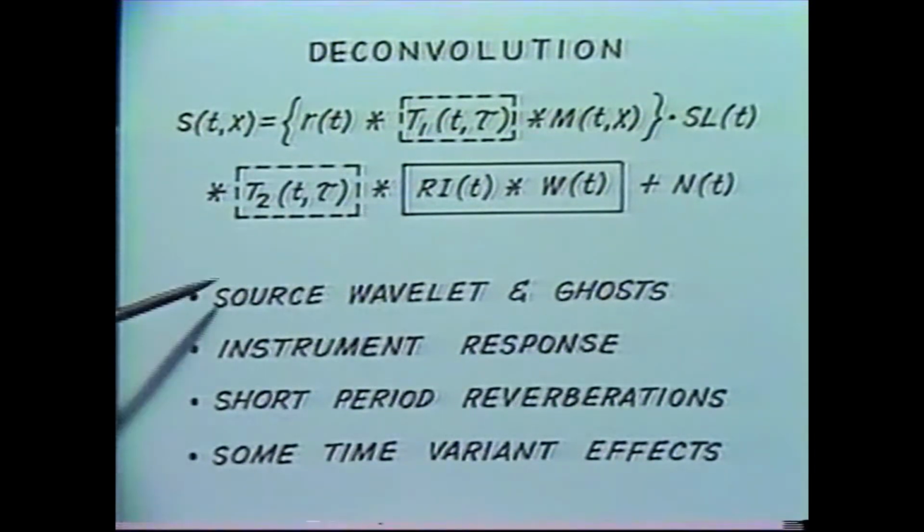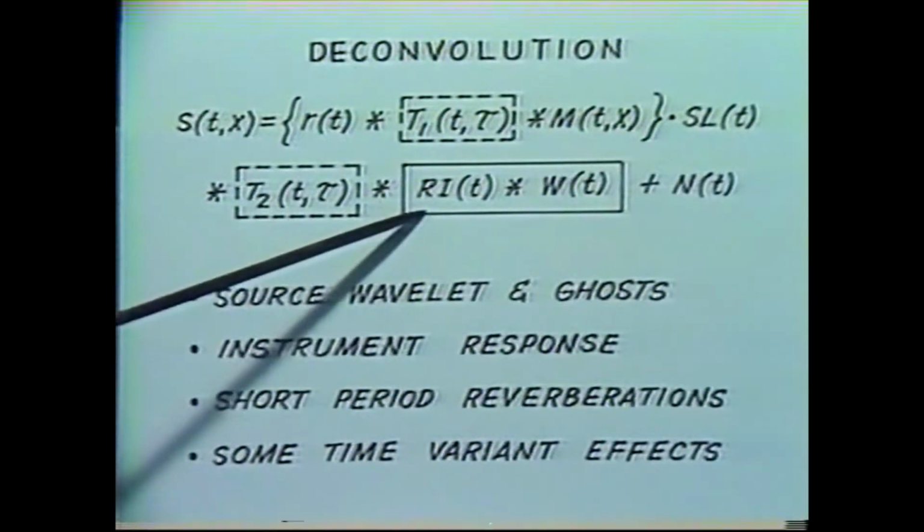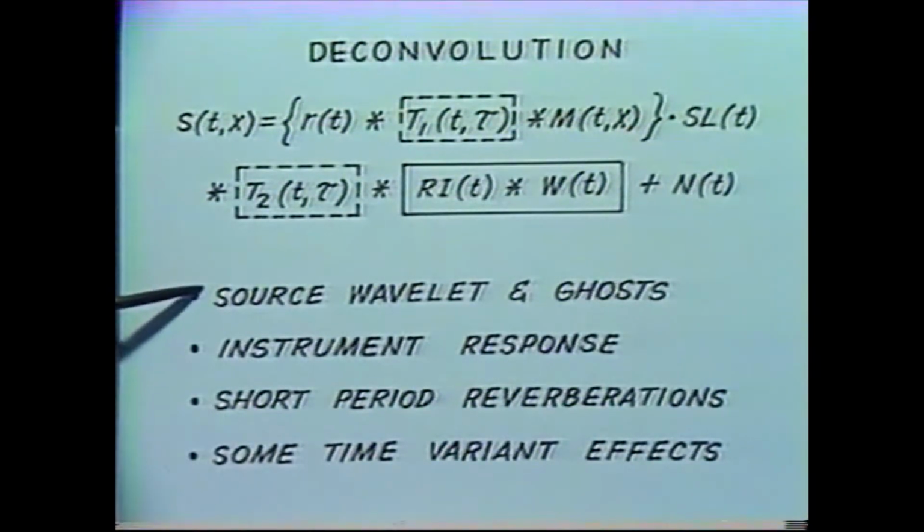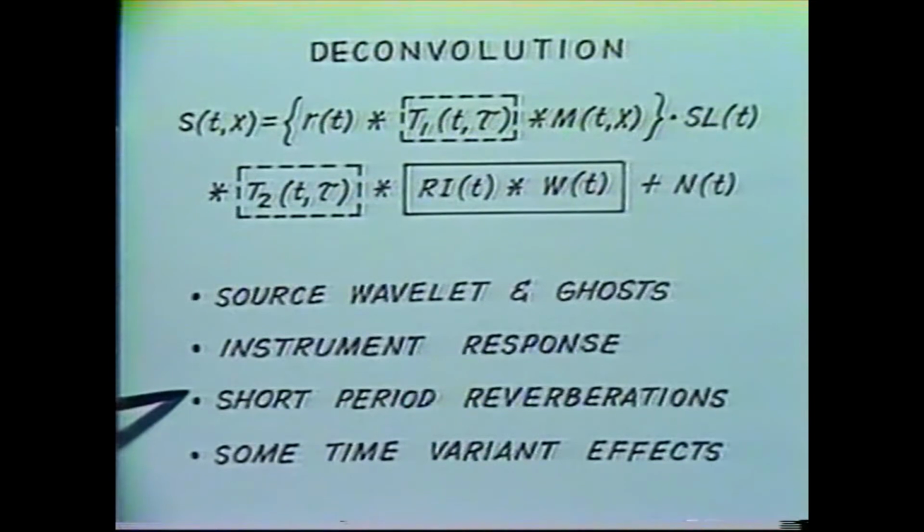However, the primary targets of the process are the removal or collapsing of the source wavelet as modified by ghosts, the effects of the recording instruments themselves that also distort the shot wavelet, short period reverberations that also distort the shot wavelet, and to some extent time variant effects like absorption and transmission losses.